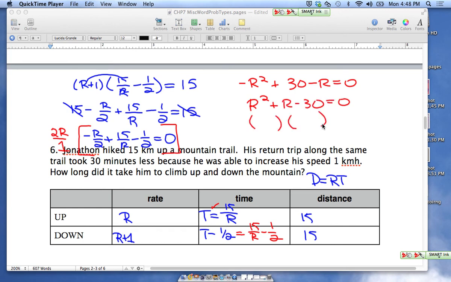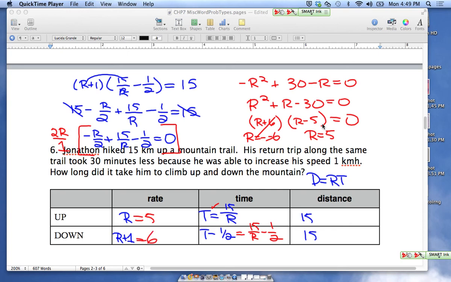And you can also use the quadratic formula. And you can see that one of the roots would not be an option. That can't be an option. And R equals 5. So that means the rate going up is 5. The rate coming down is 6.